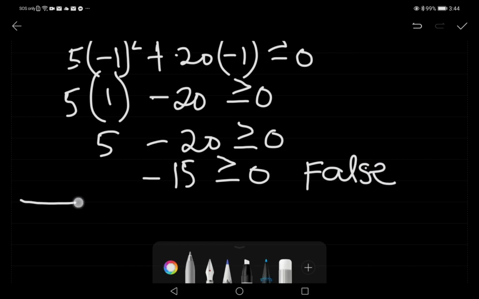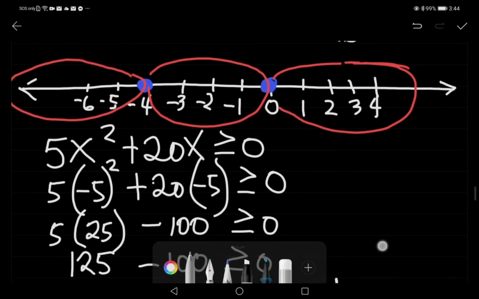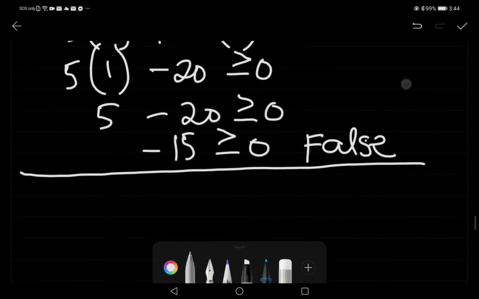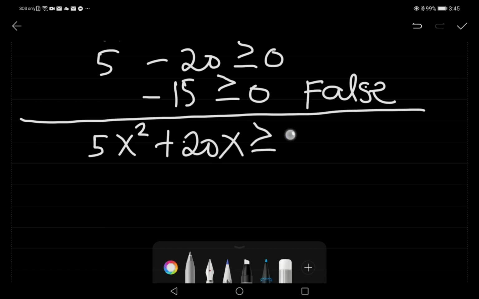And then, atong i-test ang third region. So, mapili ta diri og pwede 1, 2, 3, 4. Pero atong pilion ang 1 para mas dali ra siya. So, ang given inequality is 5x squared plus 20x is greater than or equal to 0.